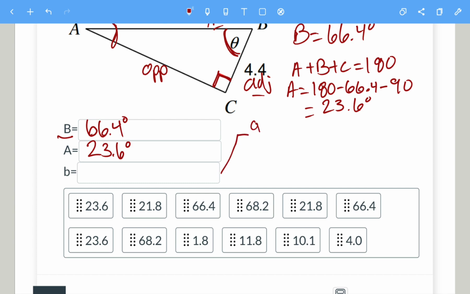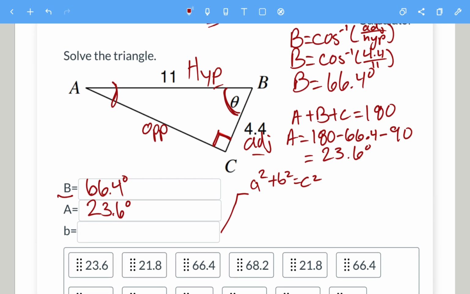So we could use the Pythagorean theorem, which gives us a squared plus b squared equals c squared. Sorry, there we go.